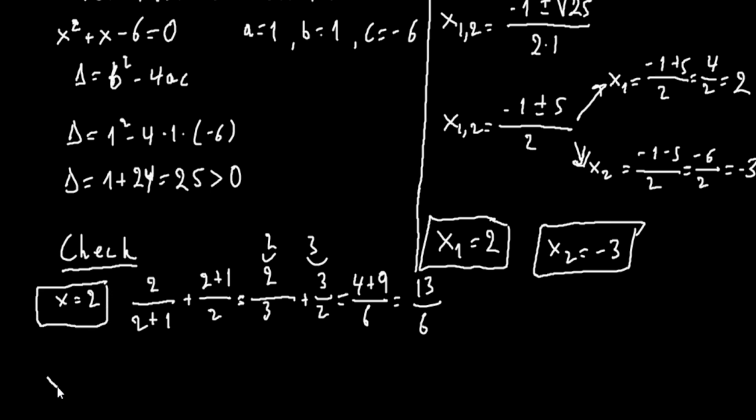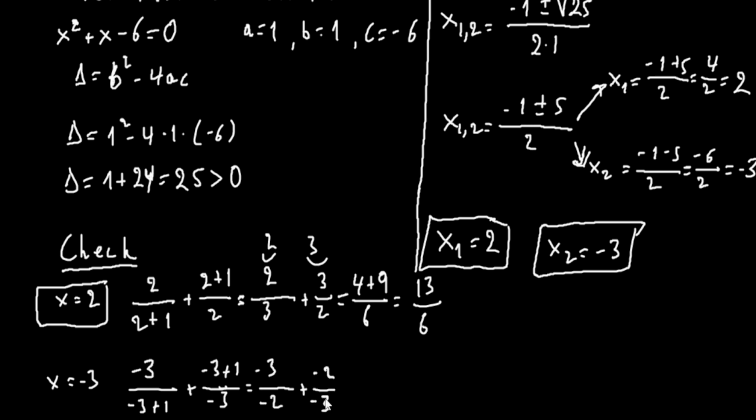So x equals 2 is the right solution. For x equals minus 3, we have minus 3 over minus 3 plus 1 plus minus 3 plus 1 over minus 3, equals minus 3 over minus 2 plus minus 2 over minus 3. The same way, we have minus minus, so this is plus, and minus minus here, so this is plus again.